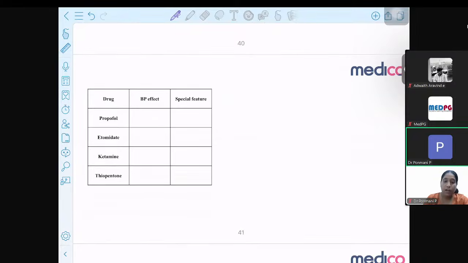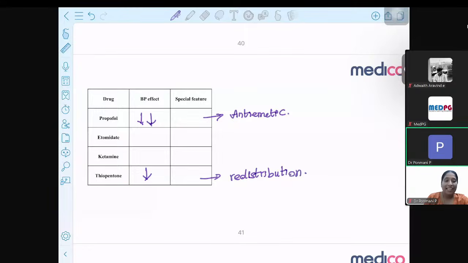So first is propofol. What does propofol do to BP? Propofol is going to decrease the BP. Among these options, there is one more drug which reduces it, which is thiopentone. And what is the speciality of propofol? Propofol can also have some amount of anti-emetic action. And thiopentone, just now we saw, undergoes a process called redistribution.